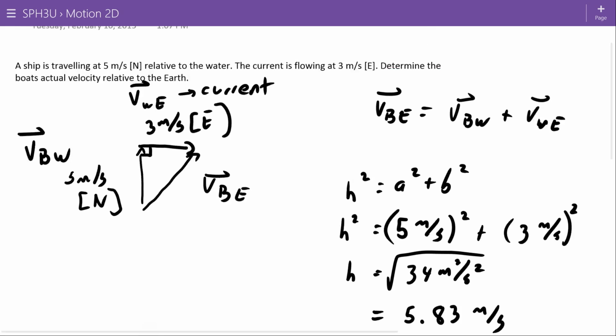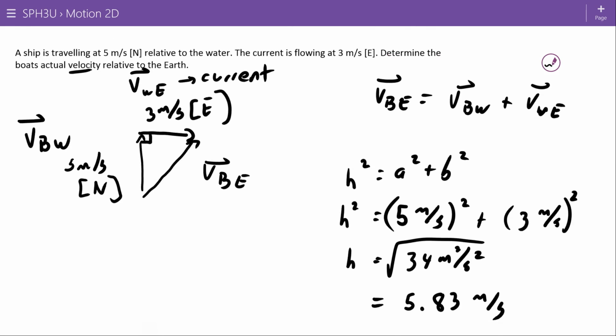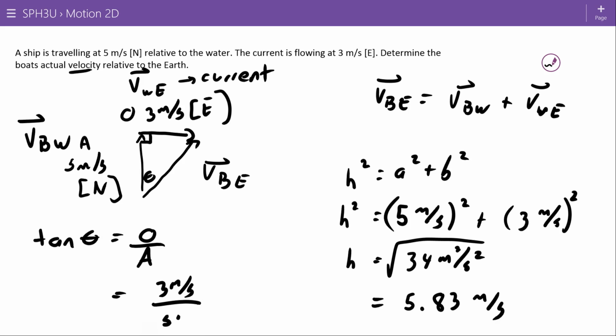Remember here that all of these are velocities, which means they're all vectors, so we also need the direction. Always put the direction where you started. And here, that makes this the opposite and this the adjacent. So tan theta, which is opposite over adjacent, is 3 meters per second over 5 meters per second.